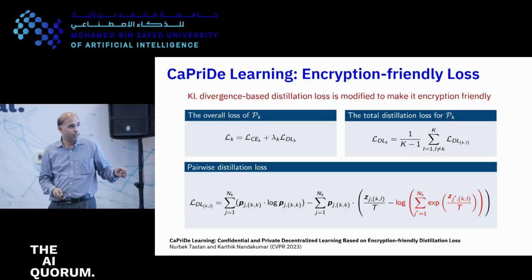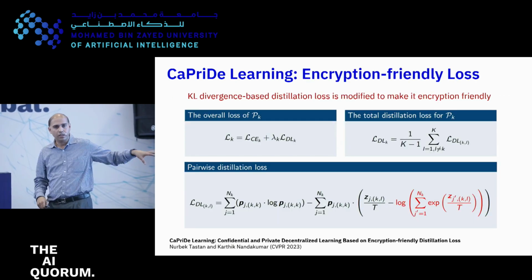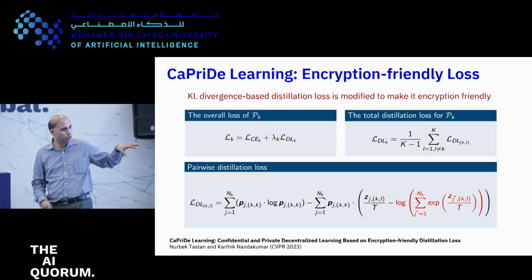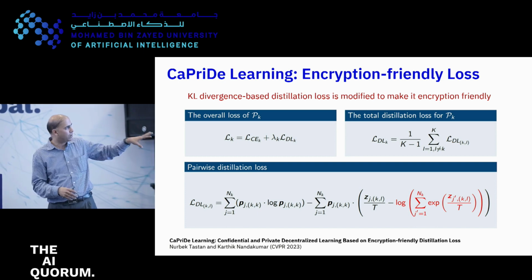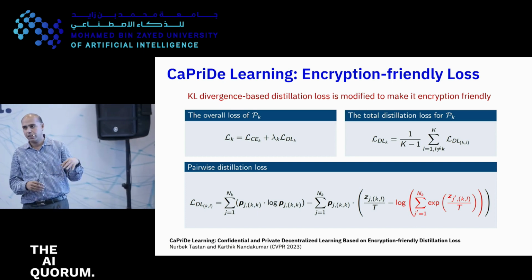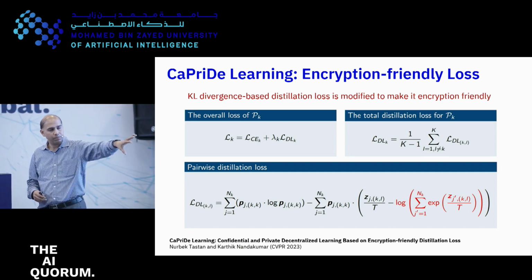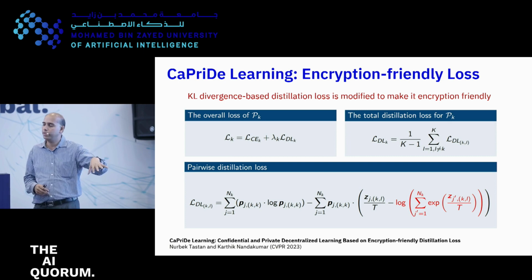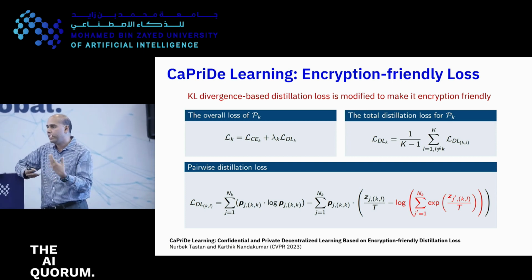One of the key challenges here is, how do you compute the loss in the encrypted domain? In this work, we use the KL divergence as the distillation loss. And if you expand the KL divergence, you can see that there are some quantities which can directly be computed in the encrypted domain. There is this log sum exponential term, which is very difficult to compute in the encrypted domain, because in FHE you can only do linear operations, right?